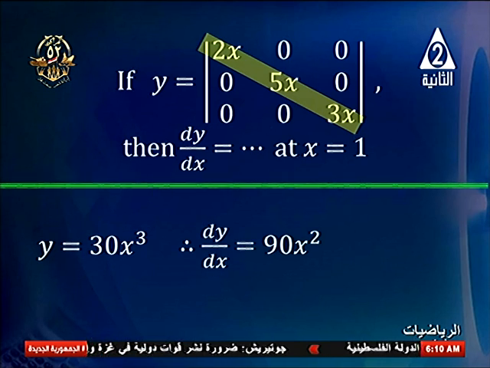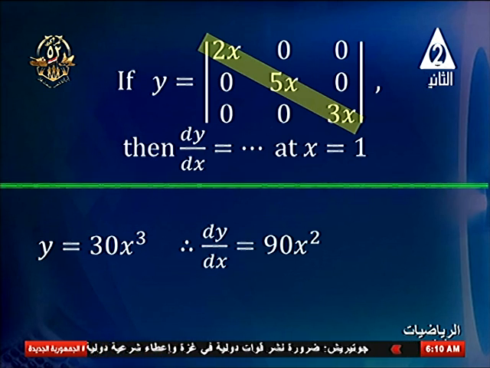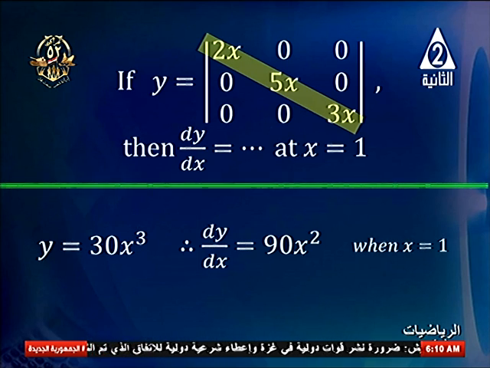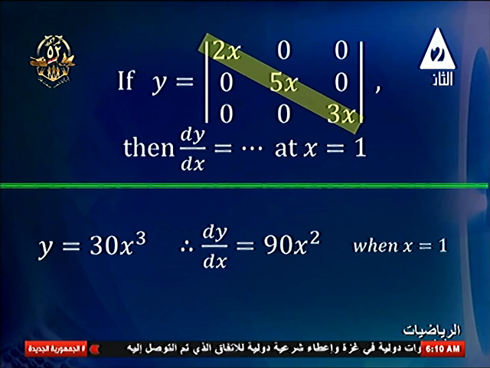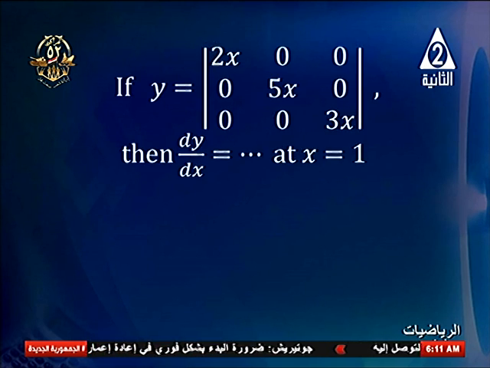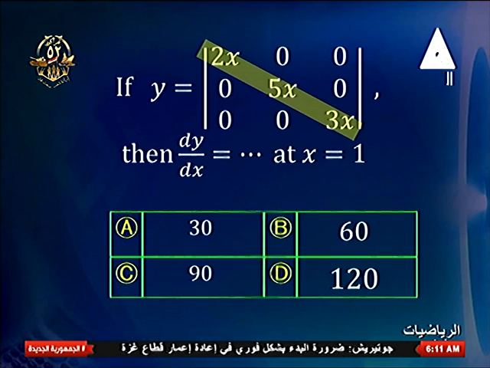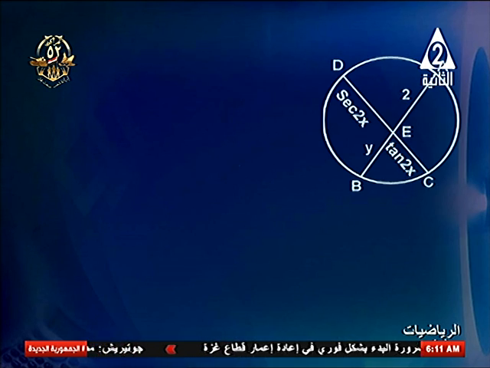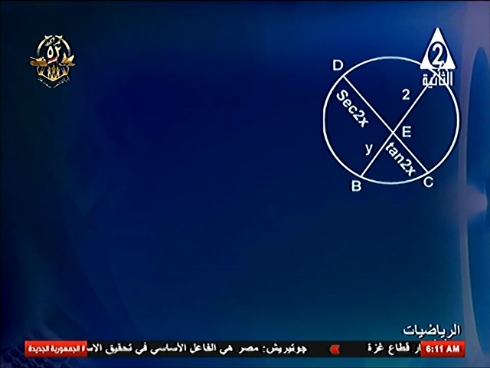What is dy over dx? 90x to the power 2. When x equals 1, dy over dx equals 90. Then the correct answer is 90, letter C.